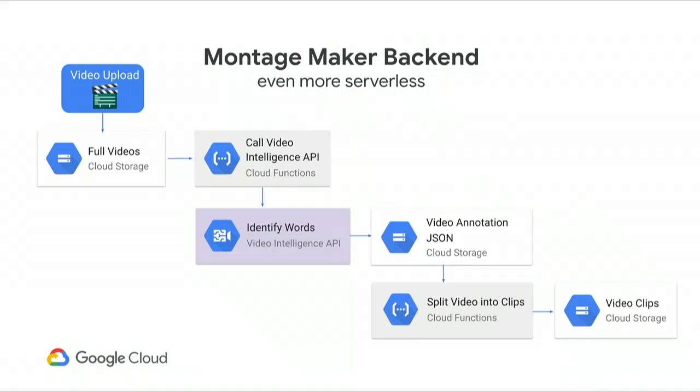So now we can make that asynchronous. We're not waiting on our Video Intelligence API to process our video anymore. We just send off the API request, that function dies, and then once the Video Intelligence API is finished processing, a new cloud function is triggered, which then splits the video into word clips.